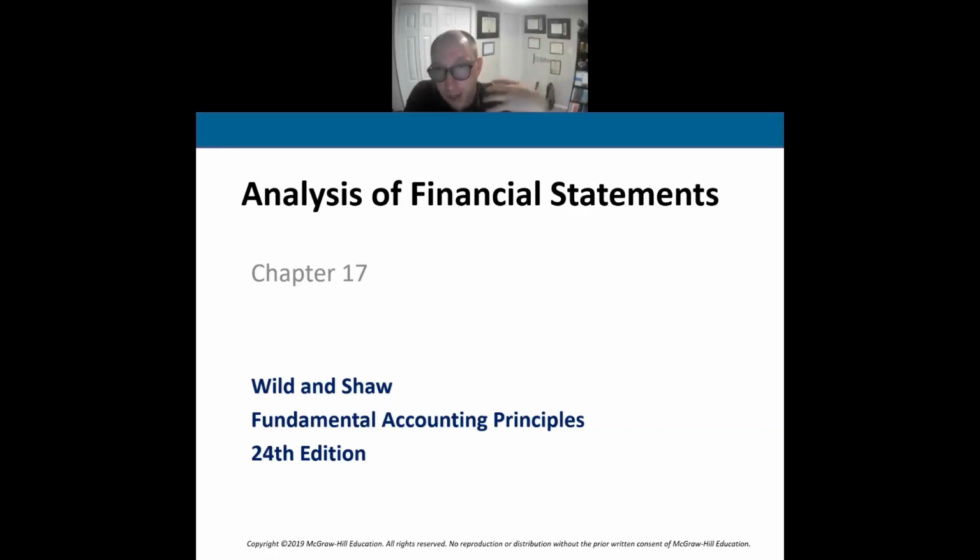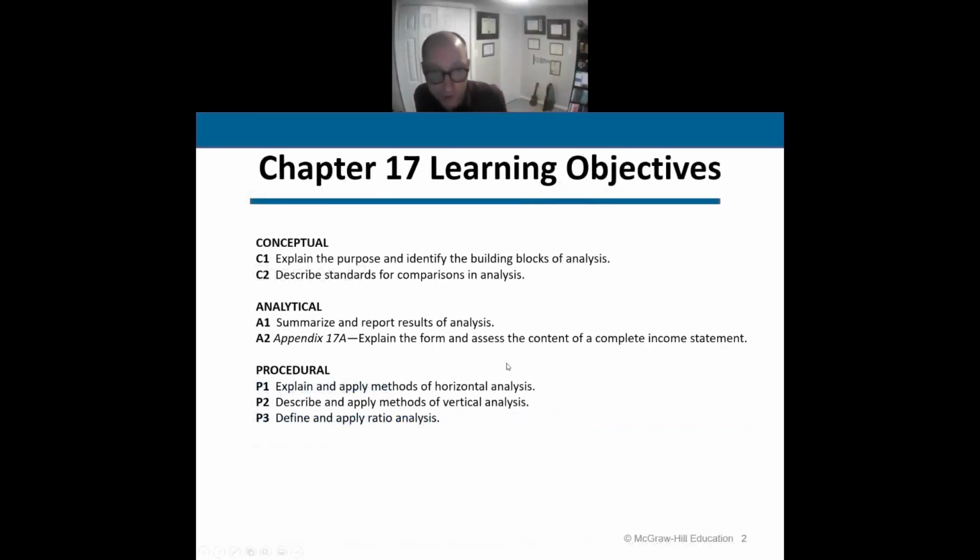The best way I can do that is for us to analyze financial statements, to recall the income statement, balance sheet, statement of cash flows, statement of retained earnings, and how we analyze the information from those financial statements. That's what this chapter is all about. It's a bridge between Principles 1 and Principles 2. We build on the information that we learned back in Principles of Accounting 1.